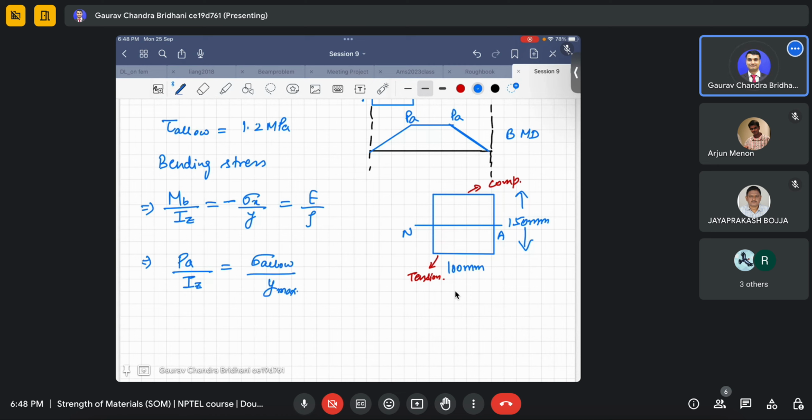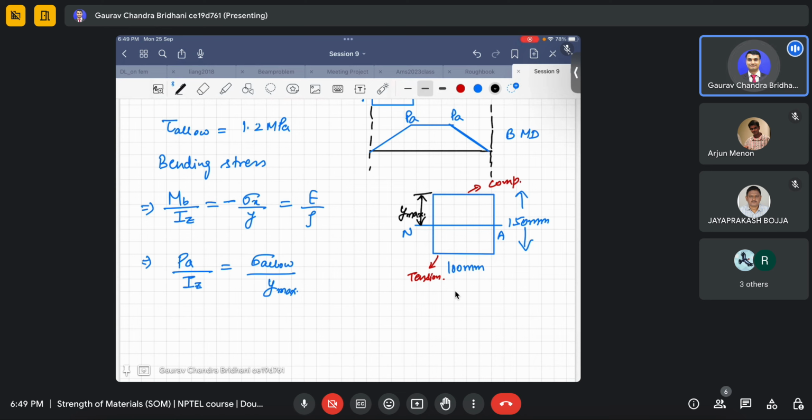The maximum bending stress will occur at the maximum Y, either on this surface or this. Here it will be in compression, here in tension. So this length is our Y max. I will mention it in the figure. This is for us Y max.